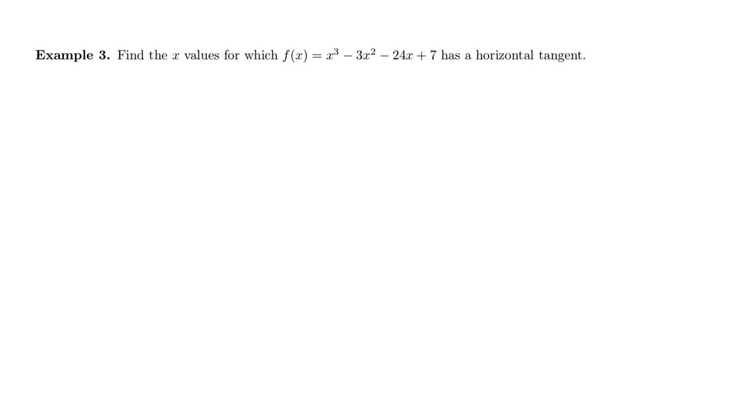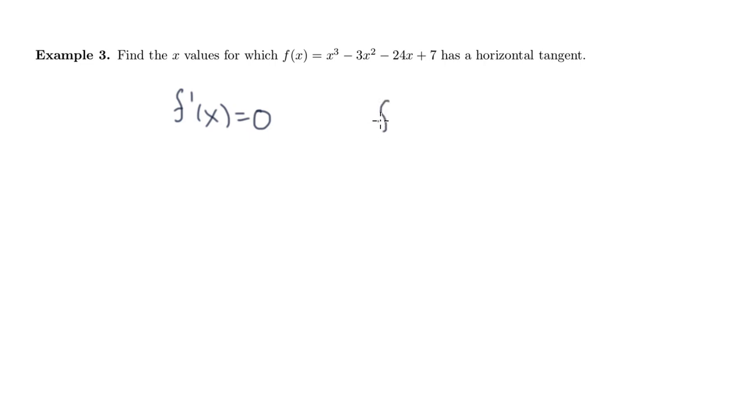Okay, so we want the x values for which this function, which should look familiar, has a horizontal tangent. So in other words, we want to find x values such that f prime of x is equal to 0. The derivative is the slope of the tangent line, and the slope of those tangent lines is 0. But remember that we already found f prime of x in the previous example.